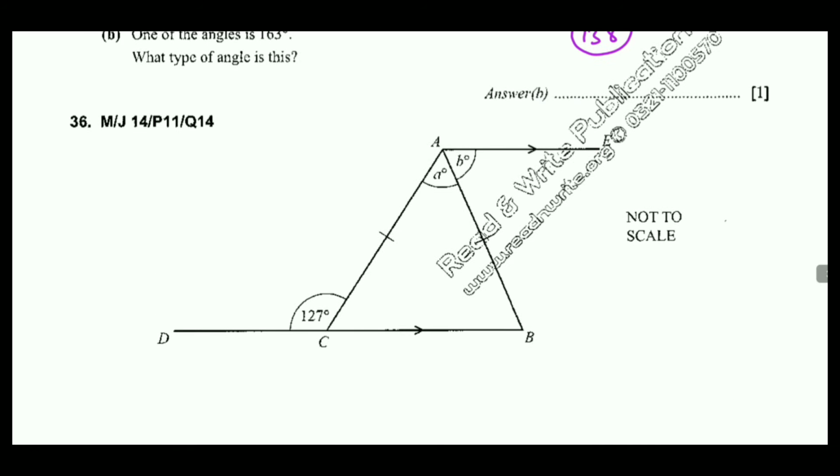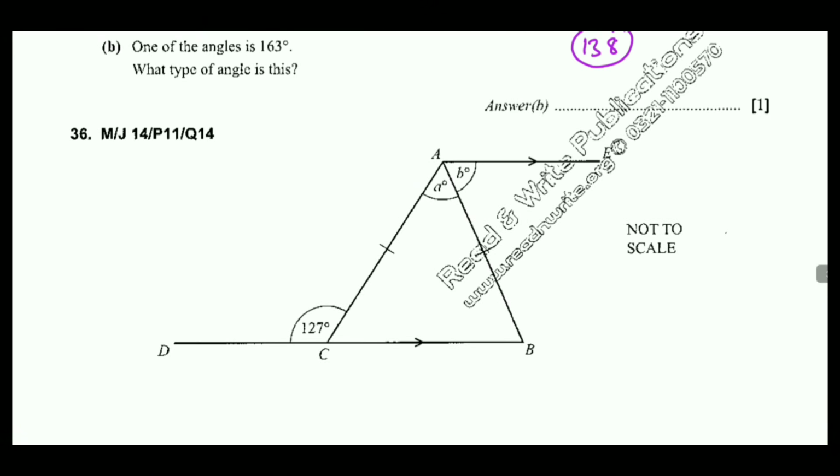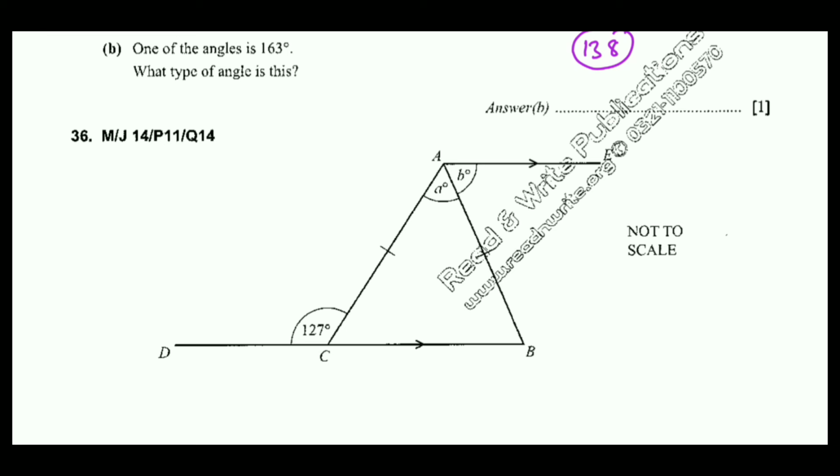Okay, 36th question. We have to find the values of a and b. Here also we can see an isosceles triangle, and first of all we can use the angles on a straight line property. If we subtract 127 from 180, we will get this angle. So 180 minus 127 is 53.